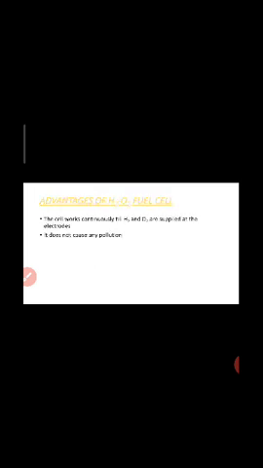So this is the fuel cell, and the cell works continuously as long as H2 and O2 are supplied at the electrodes. As long as we supply hydrogen gas and oxygen gas to the electrodes, that long it generates power due to the oxidation and reduction reactions. It does not cause any pollution.